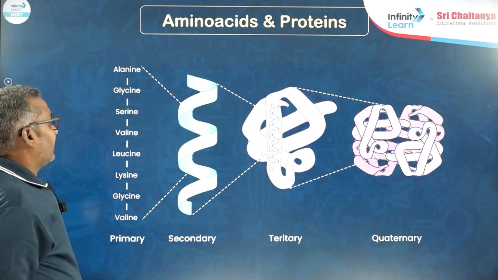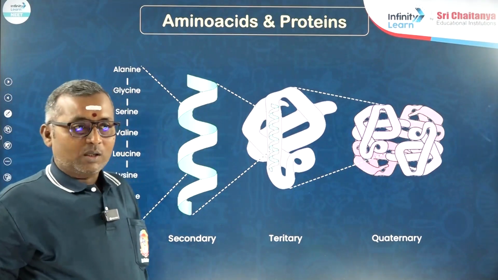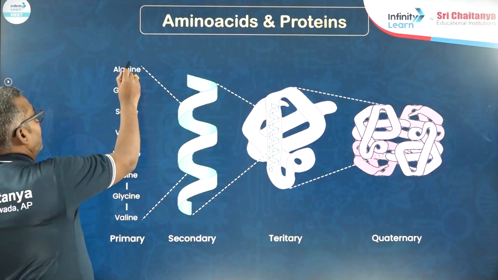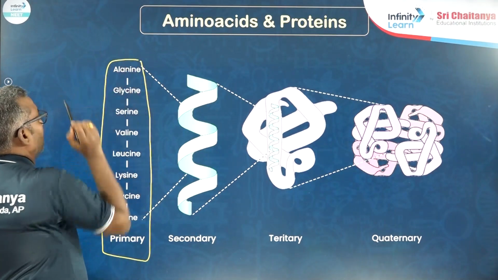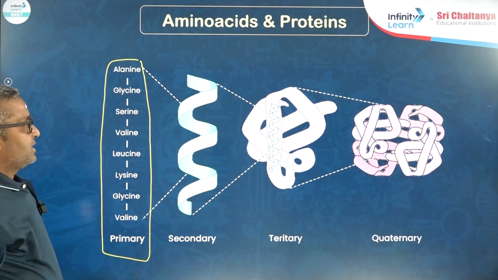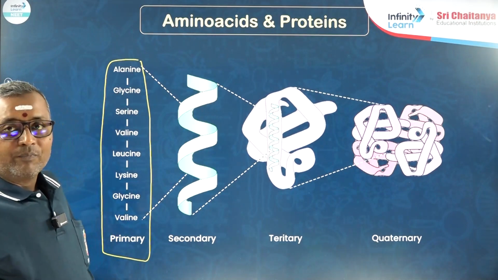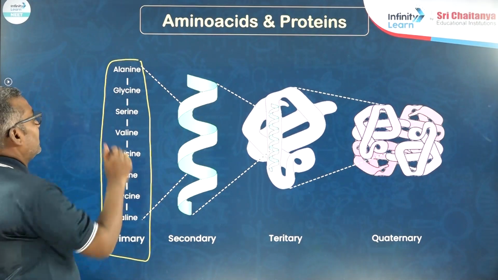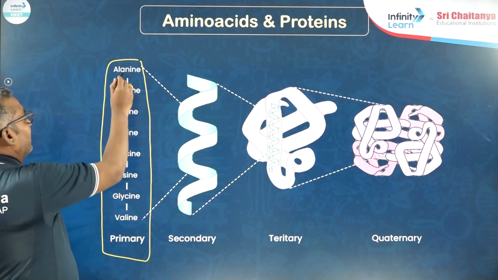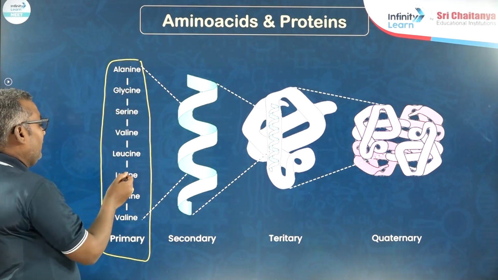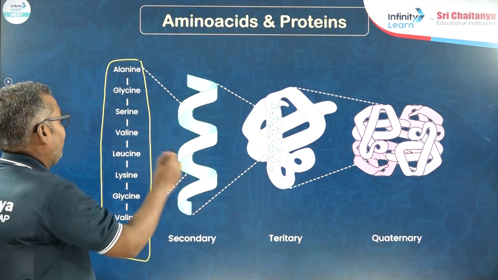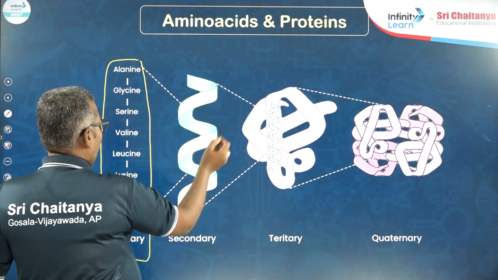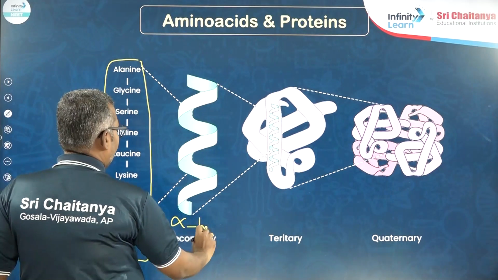Let us take once again from the primary structure to quaternary structure. Look at here. Now this is the primary structure of a protein. Here you are getting the positional information about the different amino acids present in this protein chain: alanine, glycine, serine, valine, leucine, lysine, glycine, valine, etc. This primary structure is folded into alpha helix.